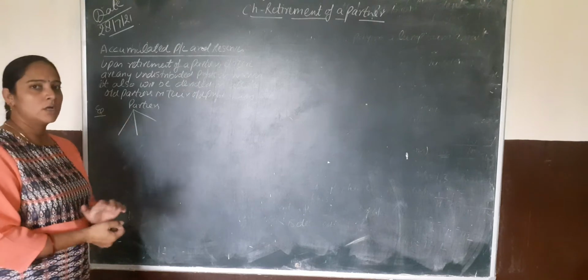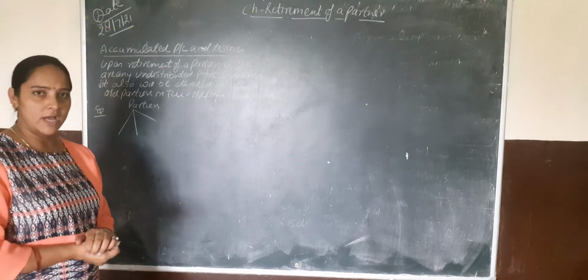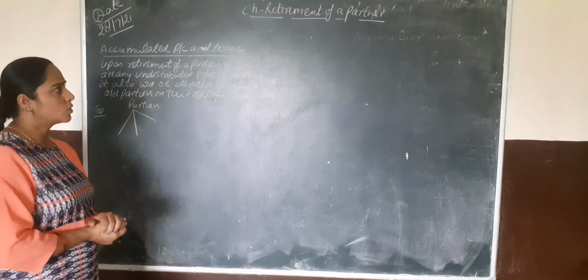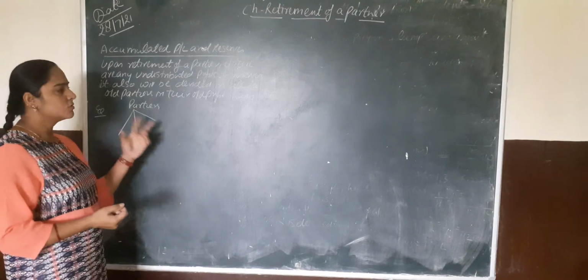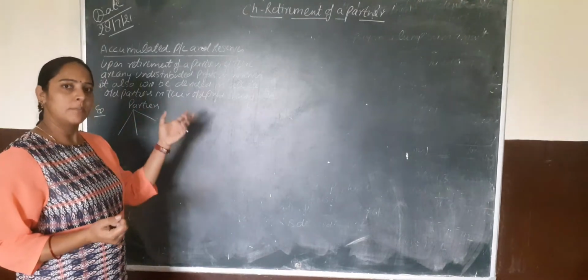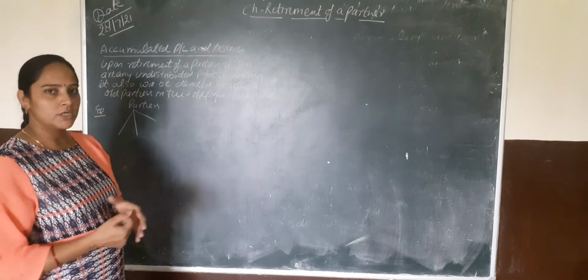In this amount, the retiring partner also has his share. So at the time of retirement of any partner, the reserves and profits and losses will also be given to the retiring partner in the old profit sharing ratio.